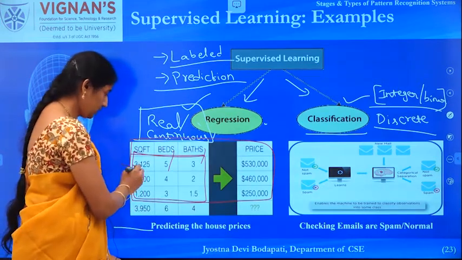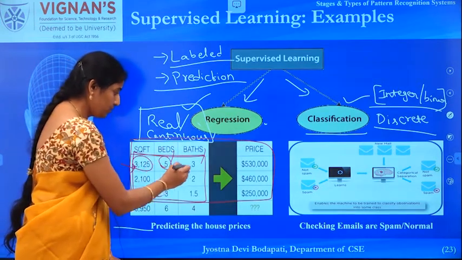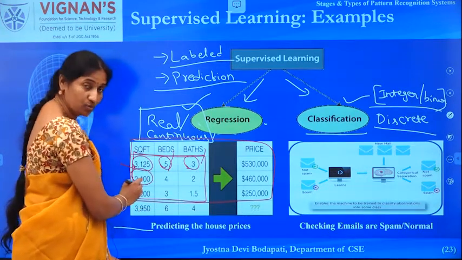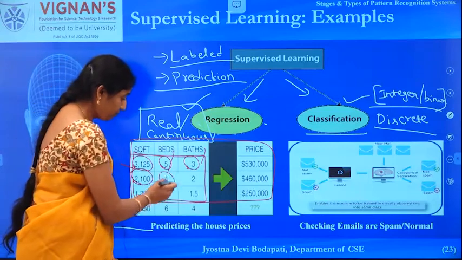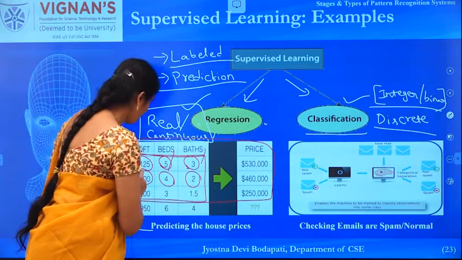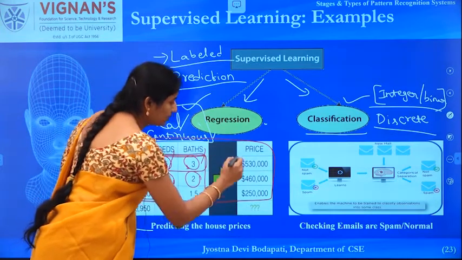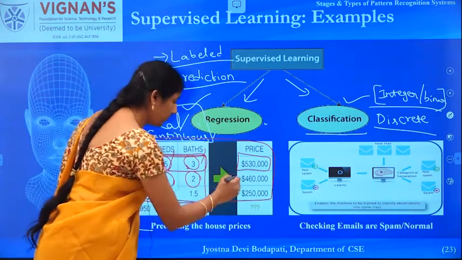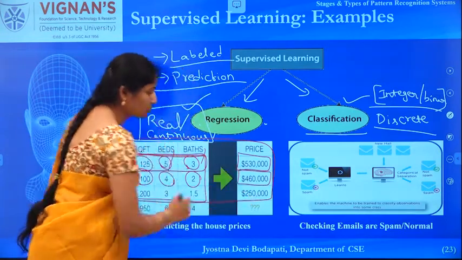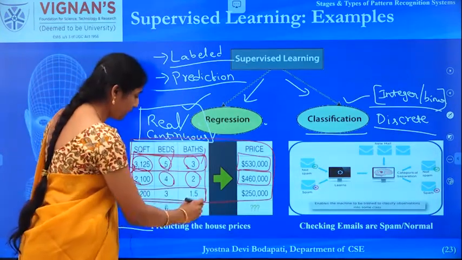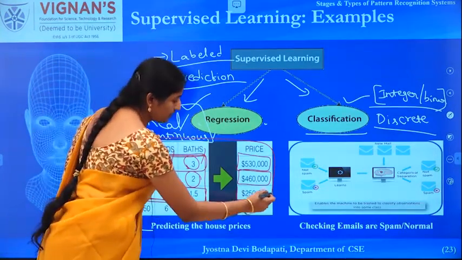For this house, this is the size, 5 bedrooms, 3 bathrooms. And another house of size 2100 square feet has 4 bedrooms and 2 bathrooms. The price for the first house is quoted as $530,000, and the second house price is quoted as $460,000. Similarly for the third house, these are the details and this is the price quoted.